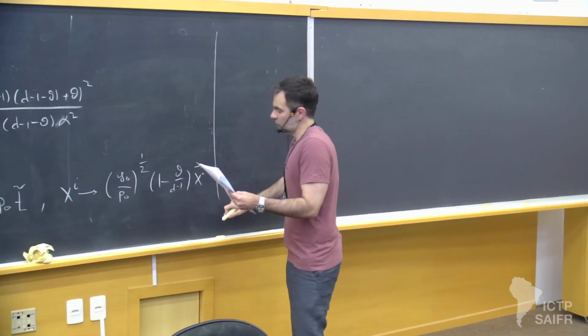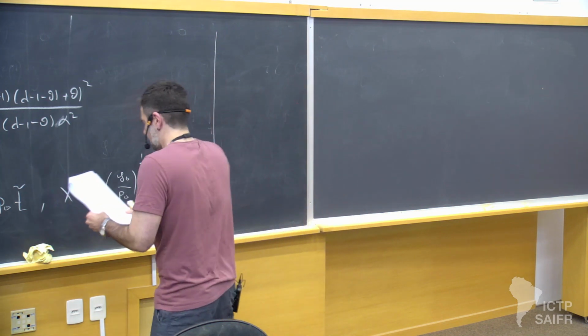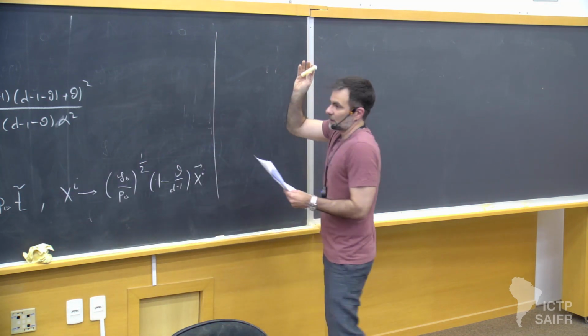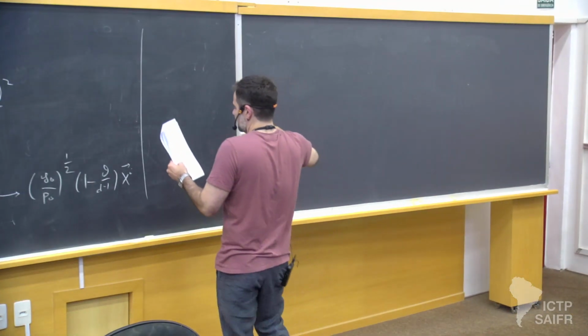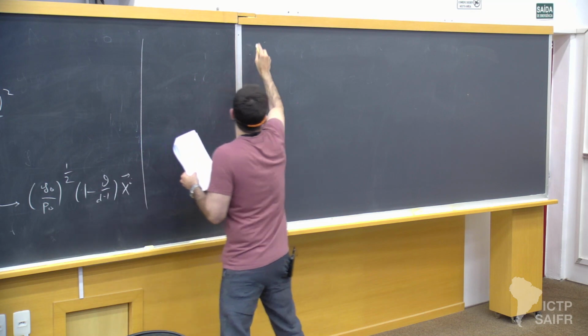So if I define these new coordinates, and I plug in the solutions for these functions g, f, p, phi, then the metric I'm getting is this.